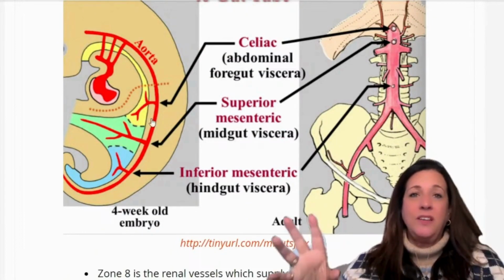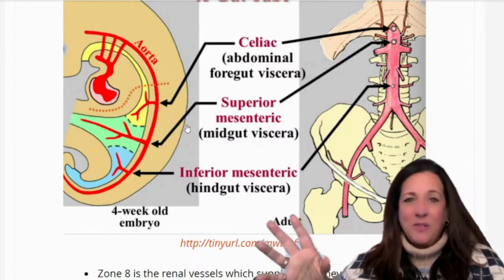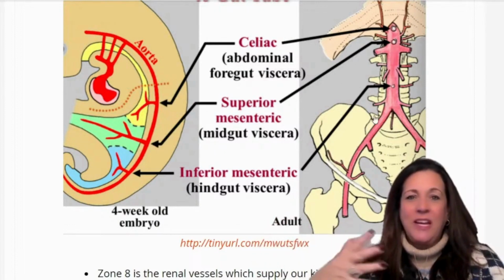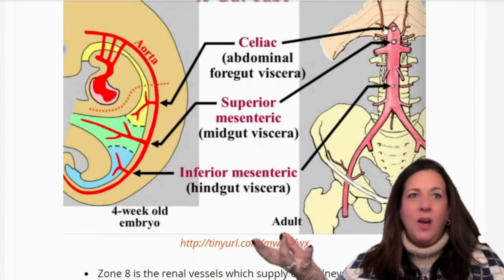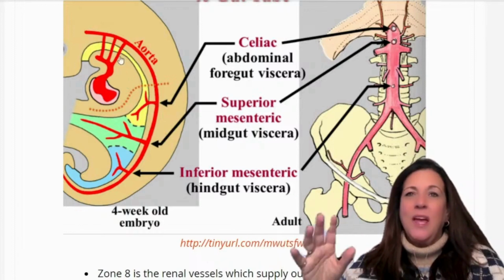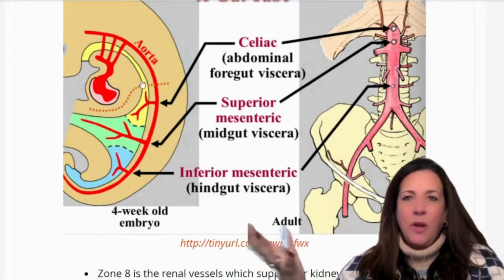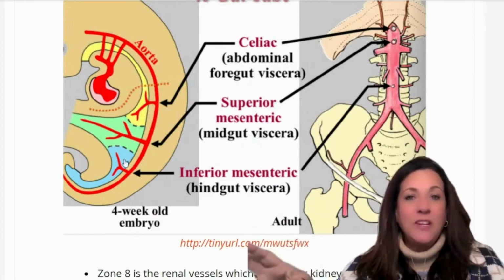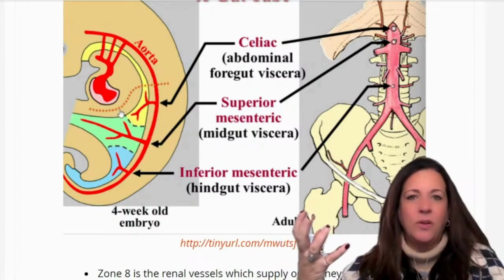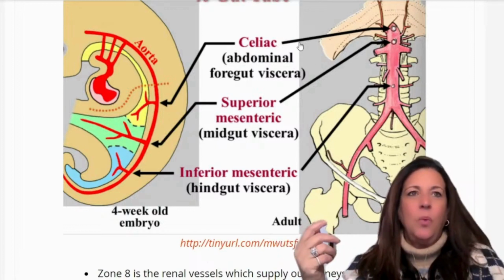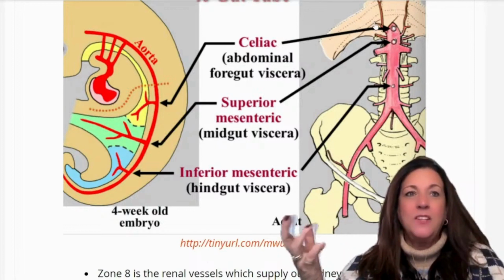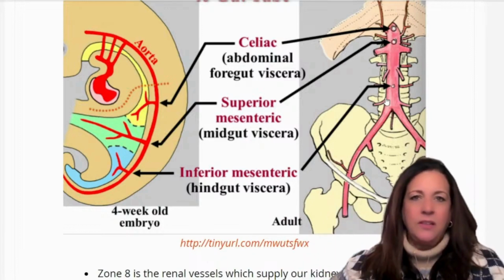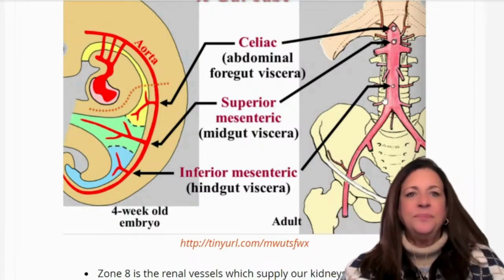It's so interesting when you see the difference based upon gestational age and as an adult, where these areas would be found. So here in an embryo, you've got a much shortened aorta and your main branches are pretty much the bulk of that aorta right there in the middle. Whereas you've got these 3 areas spread out completely into the descending area.